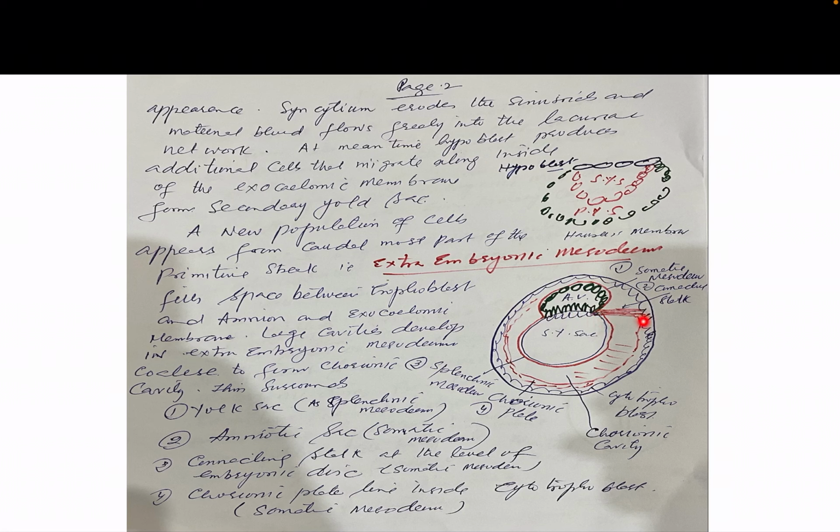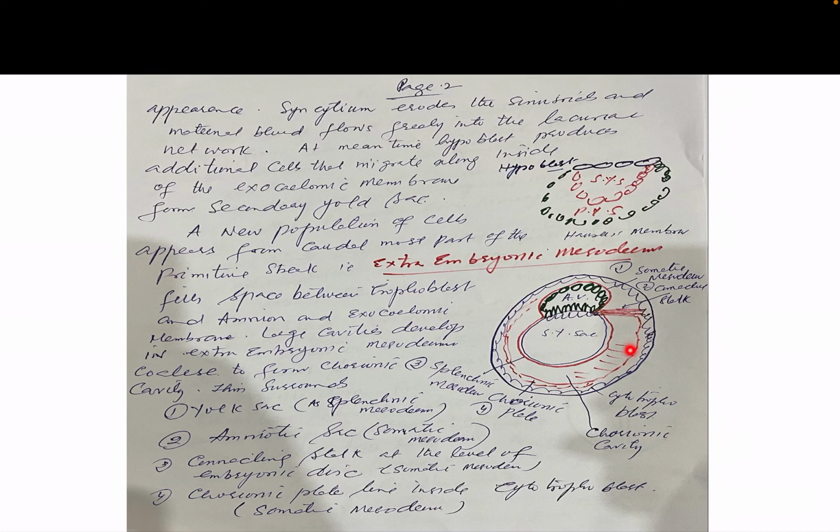Then the third mesoderm is the one lining the cytotrophoblast inside. This outer is the cytotrophoblast, and then again outer is the syncytium.